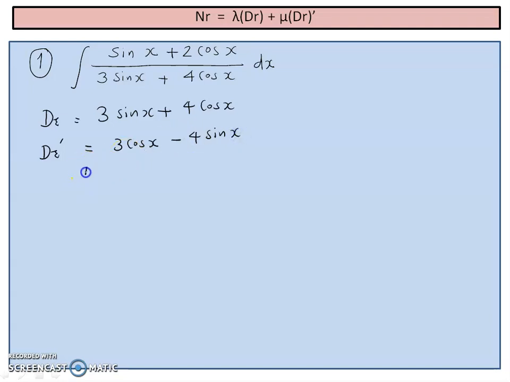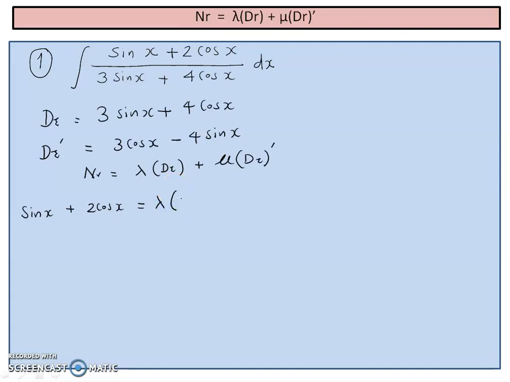Now we have to make numerator equal to lambda times denominator plus mu times denominator dash. So numerator कितना है बच्चों? sin x plus 2 cos x is equal to lambda into denominator.